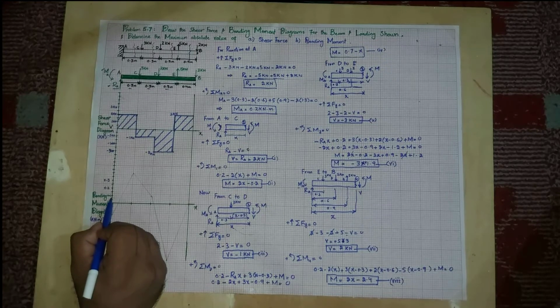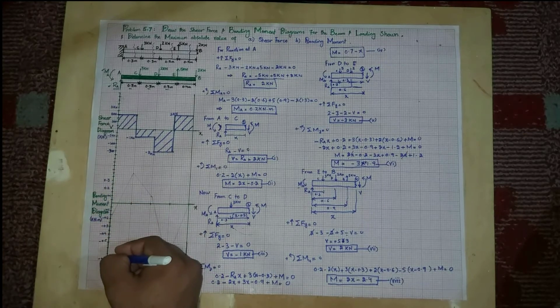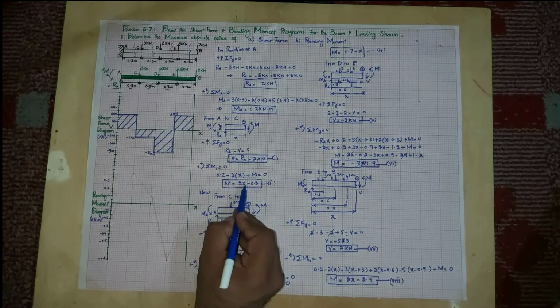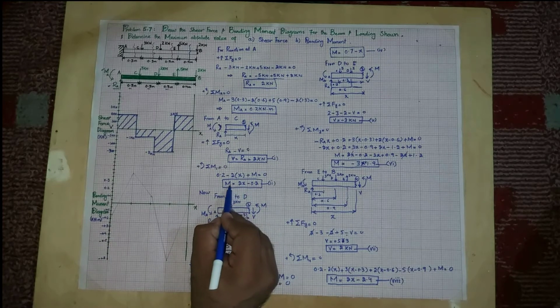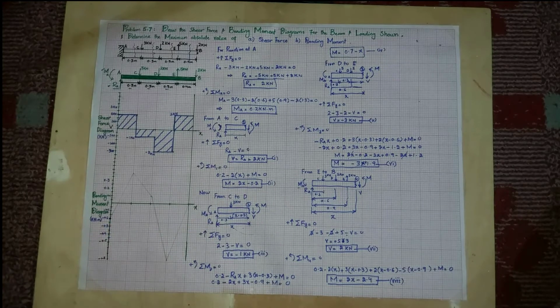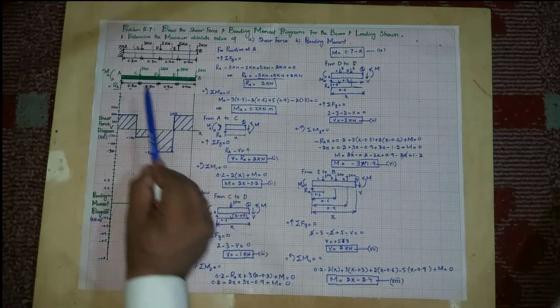I have assumed that this is 0.1, this is 0.2, this is 0.3, and similarly below with a negative sign. So with x equal to 0, M is minus 0.2, so this point will be this one. Clear? Now from A to C the distance is 0.3.